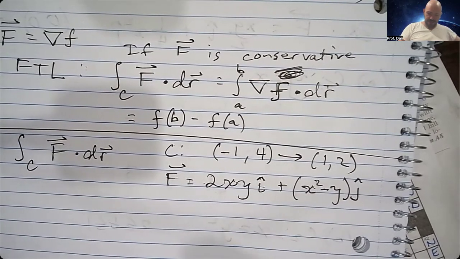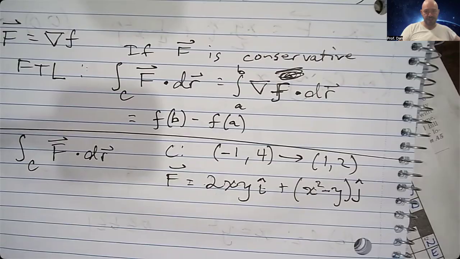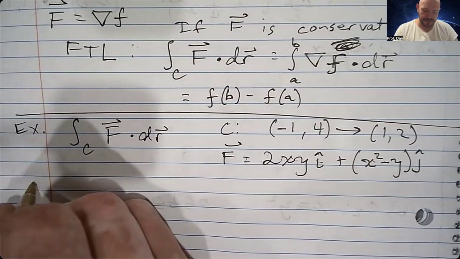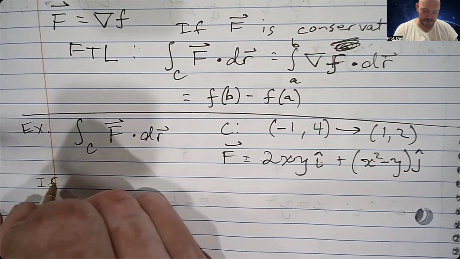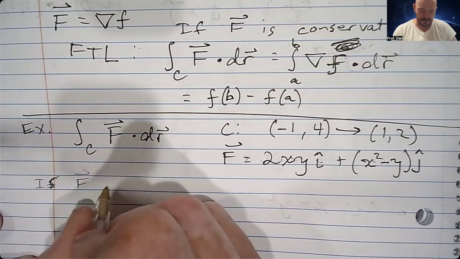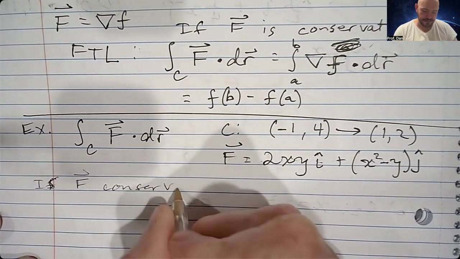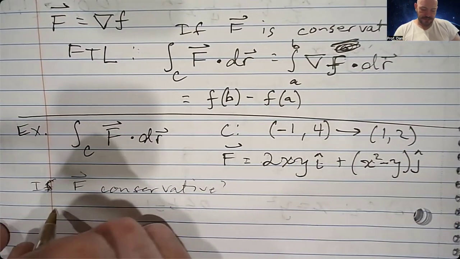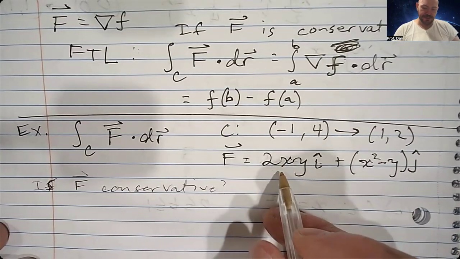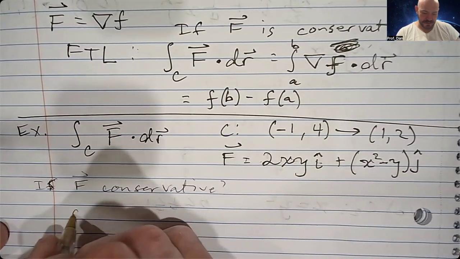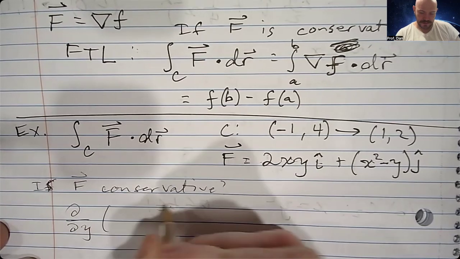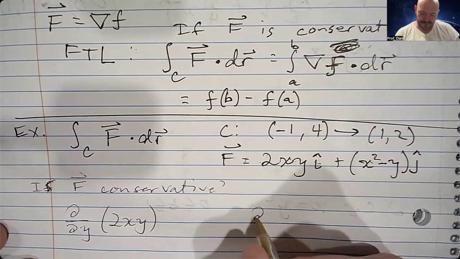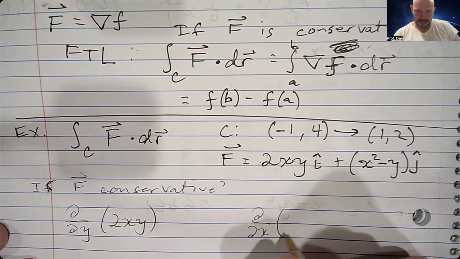So first, let's double check and make sure that this is a conservative vector field. Is F conservative? In that case, remember we just take the partial with respect to y of the x component, so the partial with respect to y of 2xy, and we compare that to the partial with respect to x of the y component.